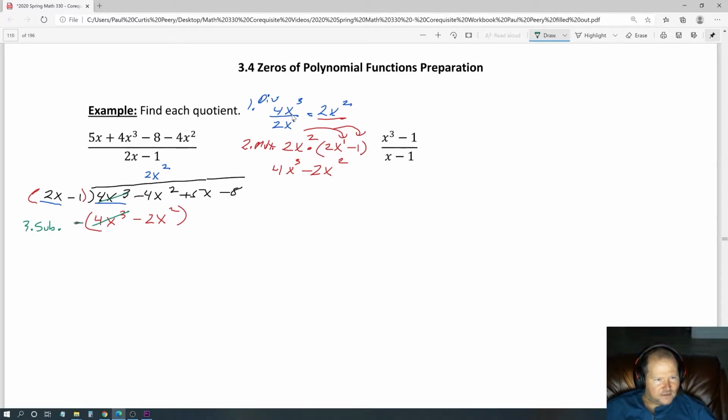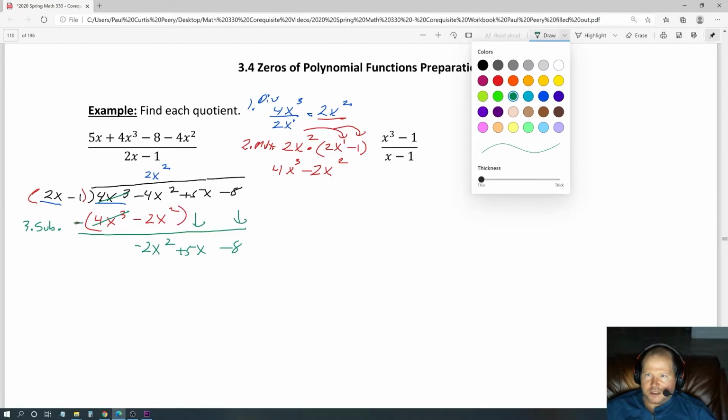Then negative 4x squared minus negative 2x squared is the same as negative 4x squared plus 2x squared. Negative 4 plus 2 gives me negative 2x squared. Then I simply bring everything else down. So we did the first 3 steps.